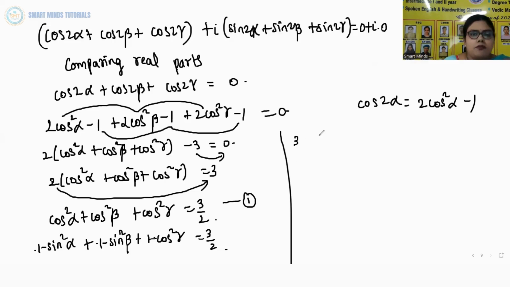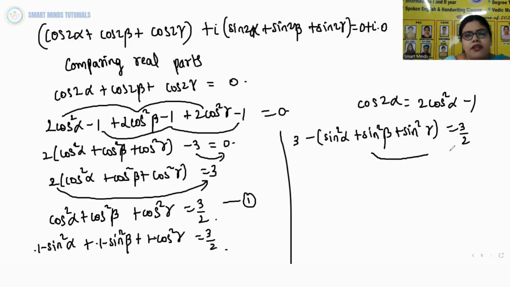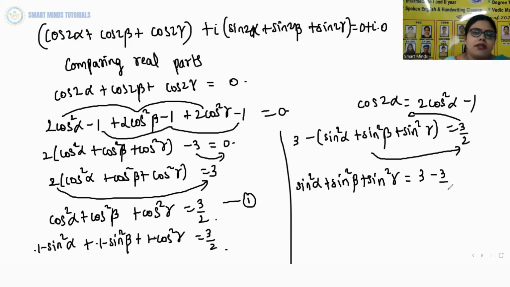If I take minus common, we get sin square alpha plus sin square beta plus sin square gamma. If I take this bracket to that side, it will become positive, and 3 by 2 I take to this side. We get sin square alpha plus sin square beta plus sin square gamma is equal to, already you have a 3 here. This 3 by 2, if I bring this side, it will become minus 3 by 2. 2 3s are 6, 6 minus 3 is 3 by 2. So that is 3 by 2.